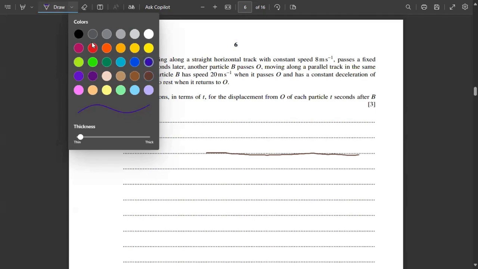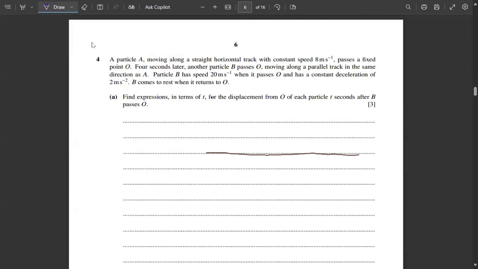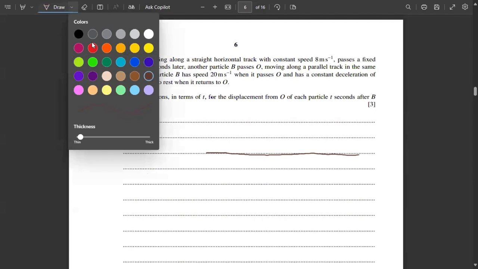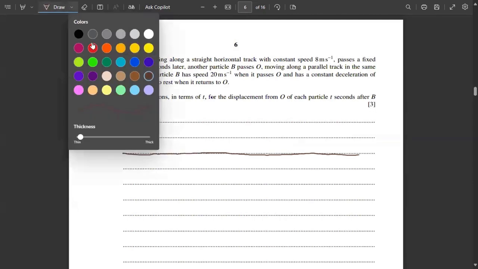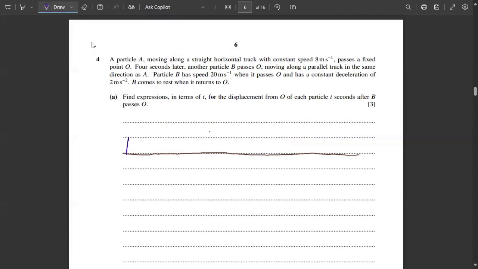Yeah, I'm back. So particle A is traveling along a horizontal track. Let me draw a bigger horizontal track. The particle A is traveling at a constant speed of 8 meter per second. Let me draw it a little bit smaller.